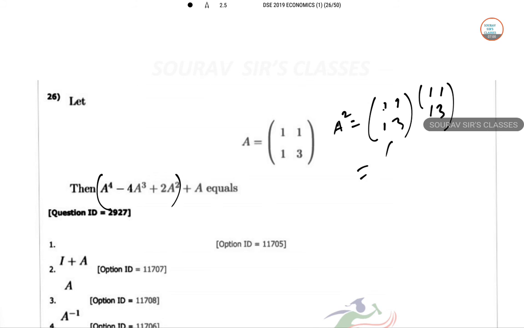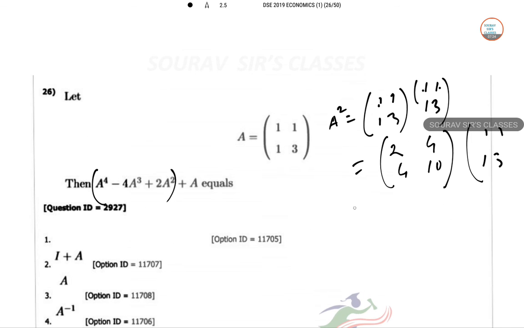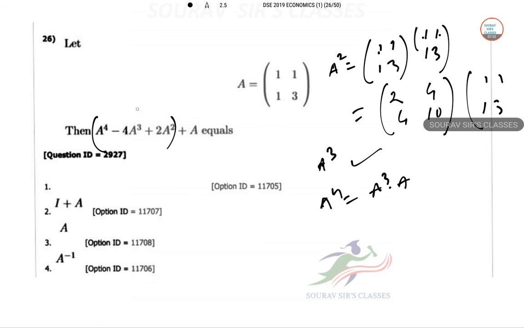This into this gives 1 plus 1 which is 2, then 1 into 1 plus 3 into 3, so 4, then 1 into 1 and again 4, and 1 plus 9 gives 10. So this is the first part. In that way you can find out A cube also. For A cube it will be 1 1 1 3, and for A4 it will be the product A cube into A. In that way if you go, this will provide you 0. So 0 plus A will be equal to A. So the answer to this question will be this.